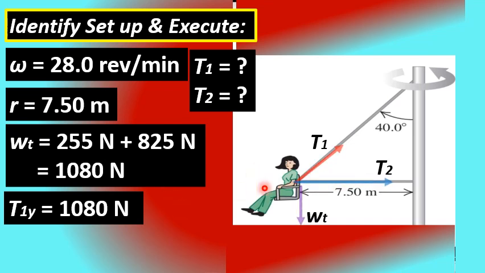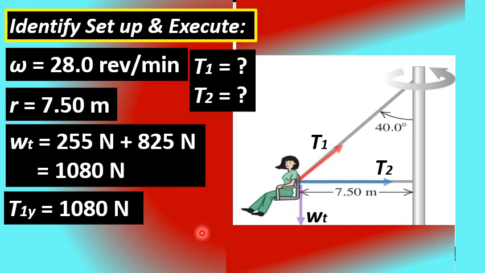For the vertical component of T1, we label that here as T sub 1y. That's simply equal to the combined weight of the girl and the seat, equal to 1080 newtons, since there are no other vertical forces acting on the girl and the seat.